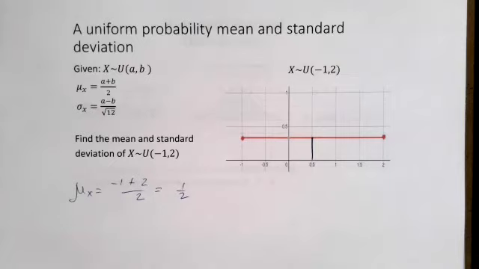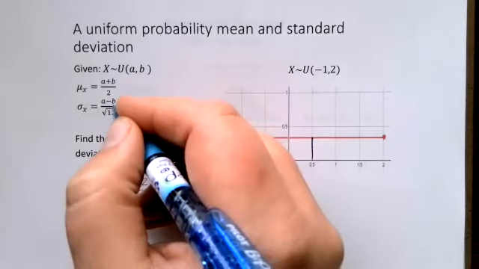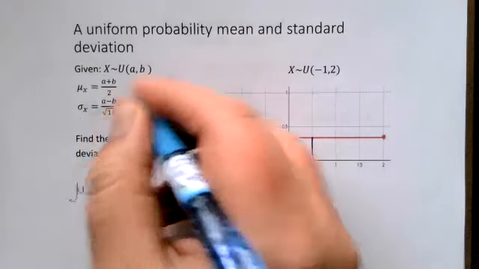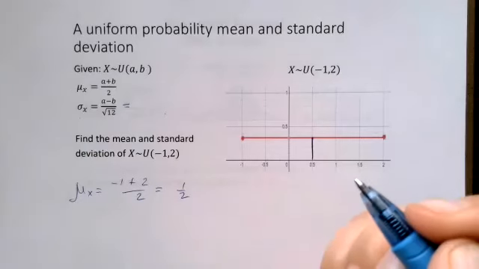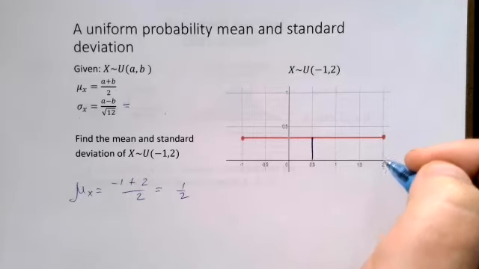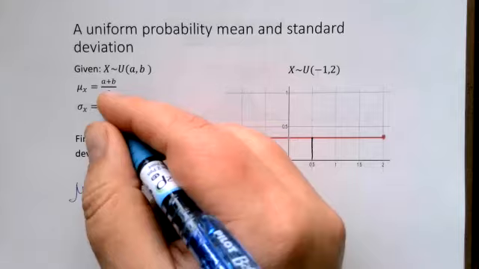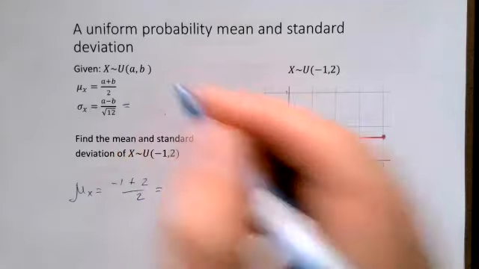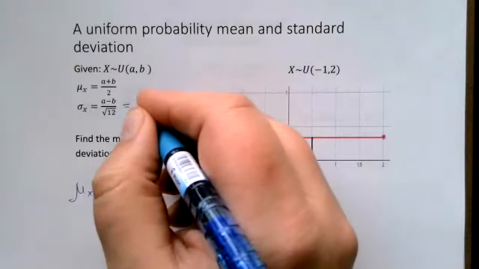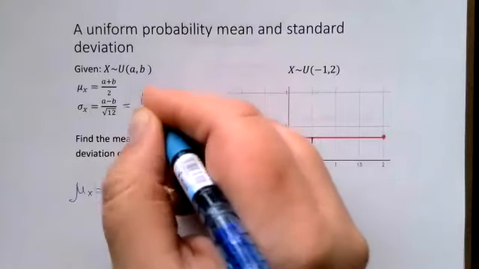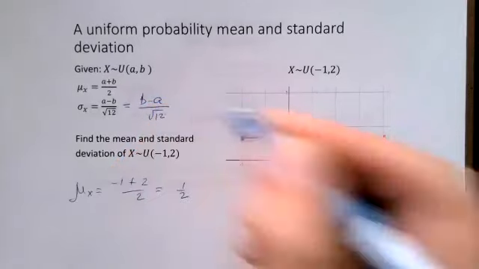As for the standard deviation, I actually want to correct this formula, because written as is, it's going to give us a negative number, since B is a value on the right, which is always greater than A. So I'm going to rewrite it as B minus A. This way we get a positive value divided by the root of 12.